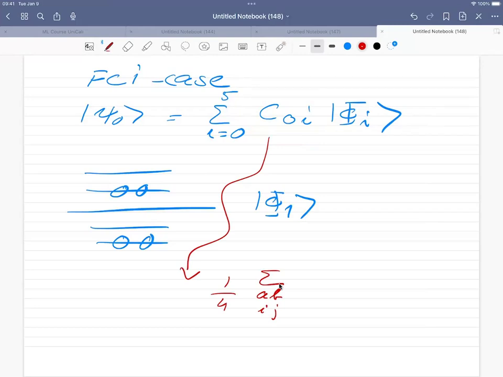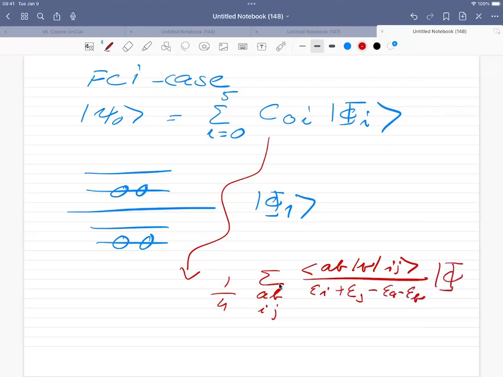So we need to look up that matrix element, <ab|v|ij>, and then we have epsilon i plus epsilon j minus epsilon a minus epsilon b. And then we have the states phi_ij^ab, where one of these is going to be this one. For the two-particle, two-hole excitations, we know that we have 3 more. So you can just go into your list of states, the way you've ordered them, and simply find these specific contributions.